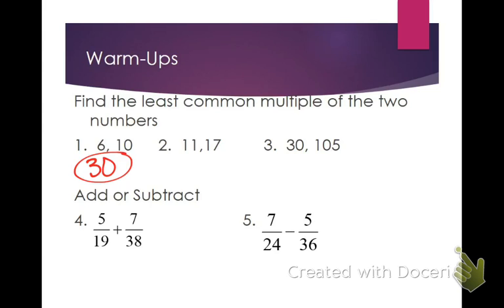I think this one might be a case where we're not going to get to it until we multiply them together. The reason I say that is because 17 and 11 are both prime numbers, which means they don't have any common factors, so I don't think they're going to have a common multiple until we multiply them together. When we multiply them together, what do we get?